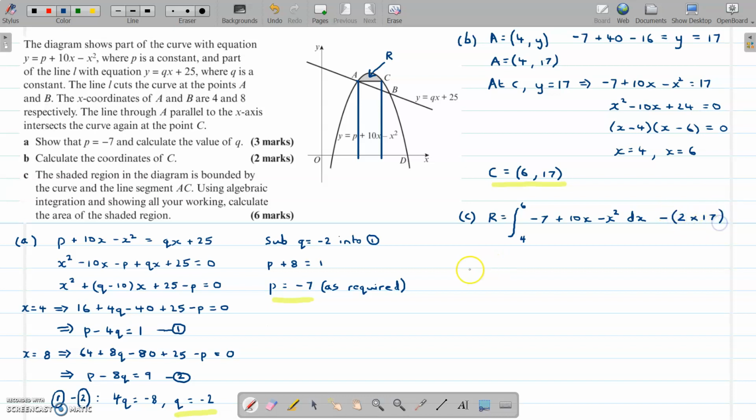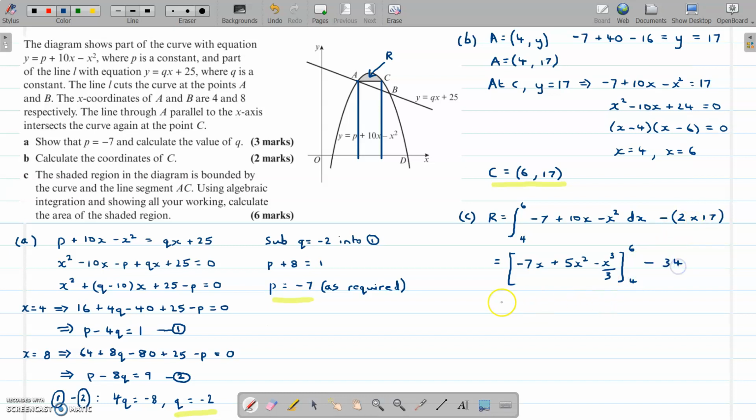If we integrate that, don't forget we need the square brackets: we get -7x, then raise the power by 1 and divide, so 10x squared over 2, which is 5x squared, and x cubed over 3. No constant because it's a definite integral. Now we've got to substitute our two values in, which are 6 and 4, and of course subtract our 34 from that as well.